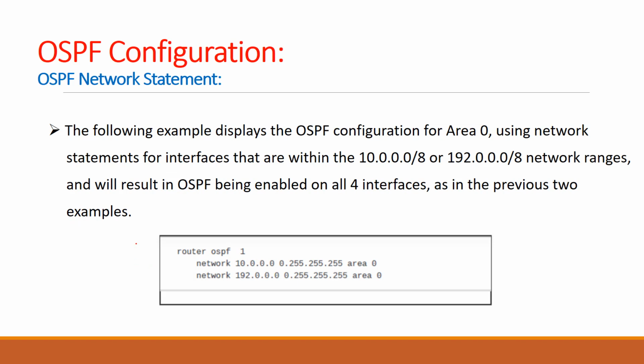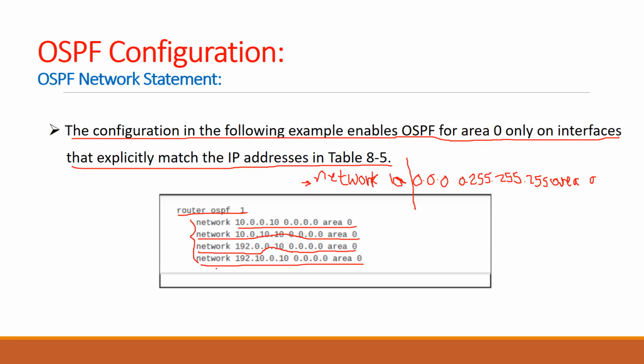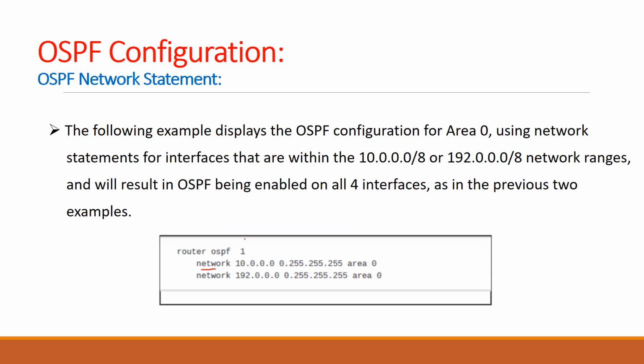There is another example of network statements to enable OSPF on all 4 interfaces, as we mentioned in this example. The network statement must match the first octet because the wildcard mask is 0.255.255.255.